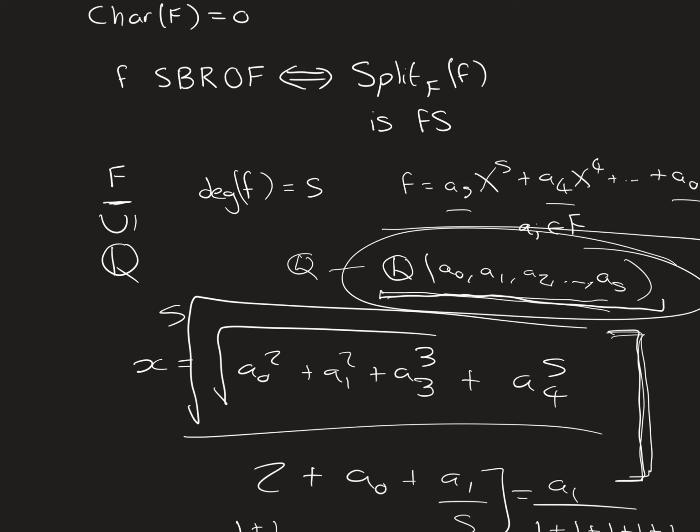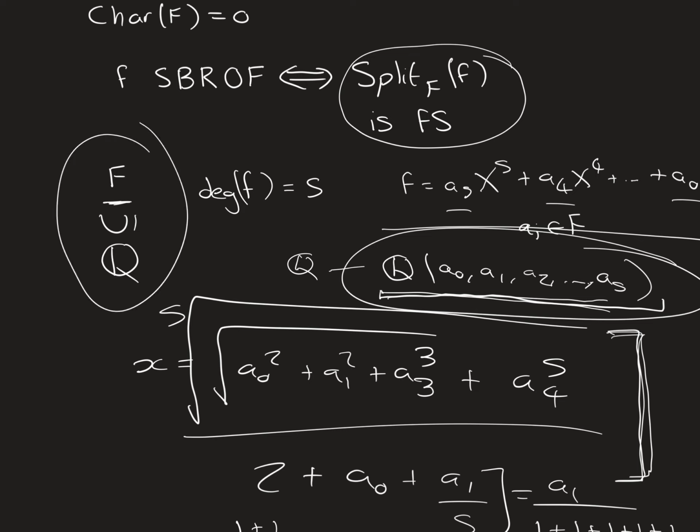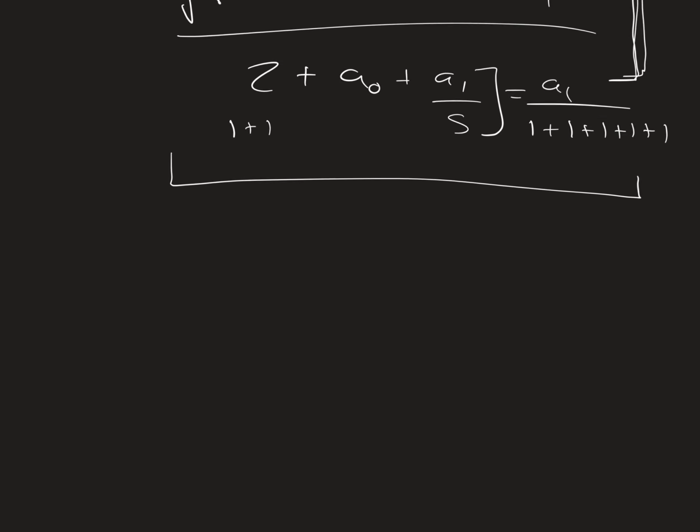So if I can find you such a polynomial that is not solvable by radicals over the rationals, and I'll show that it's not solvable by radicals by showing that its splitting field is not a finite solvable extension, i.e. its Galois group is not solvable, then that polynomial will be a valid polynomial in any characteristic zero field, and therefore there can't exist a Quintic formula for any characteristic zero field because it wouldn't work on such a polynomial that I've found. So I'm now going to find this polynomial for you.